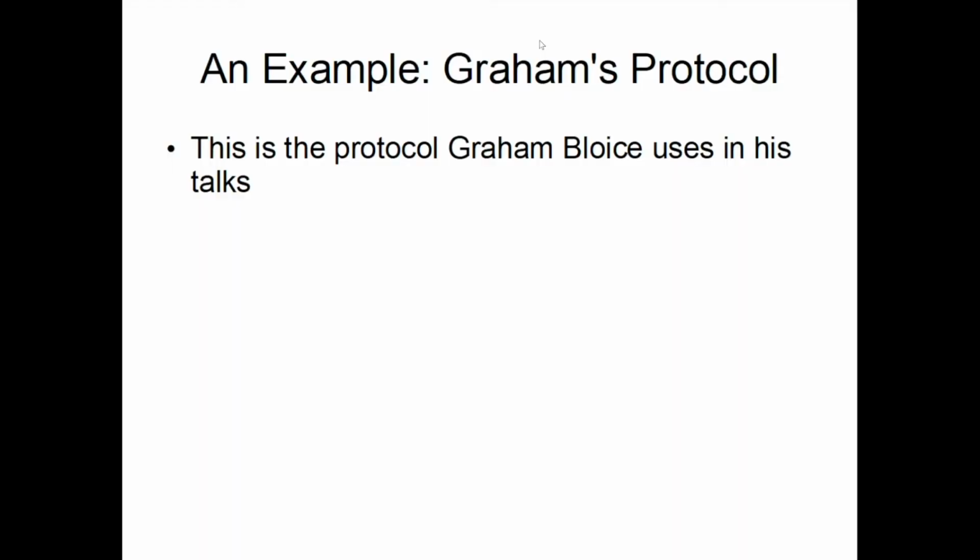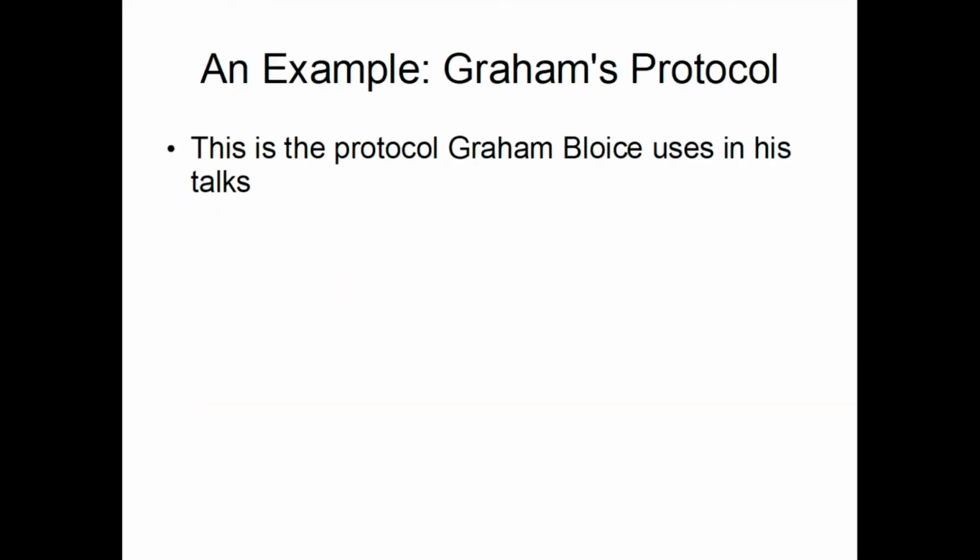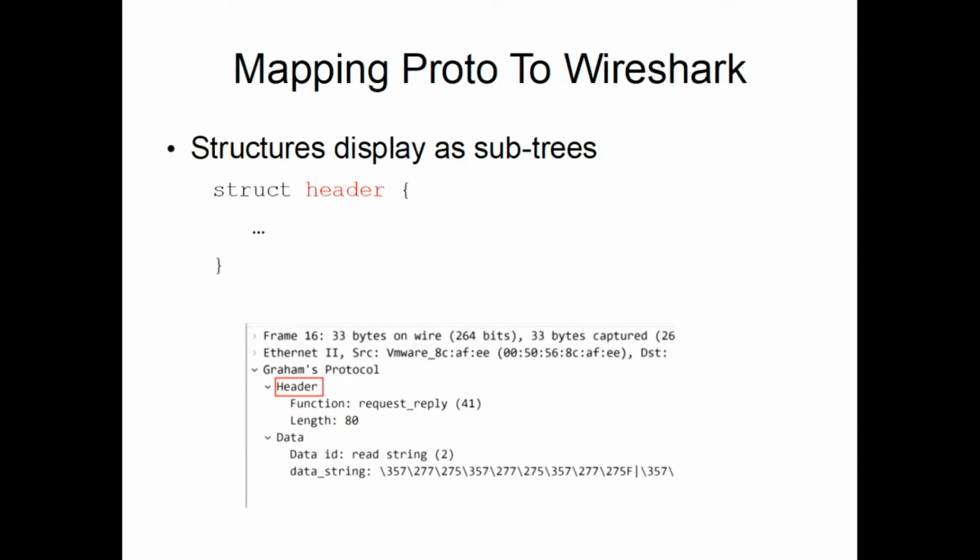So what I've done there is I've described Graham's protocol with a description language, and then, oh, no, wrong way, I went the wrong way. Okay, so now what I wanted to point out is that when you define a field here, the name here is derived, actually that's the wrong thing.